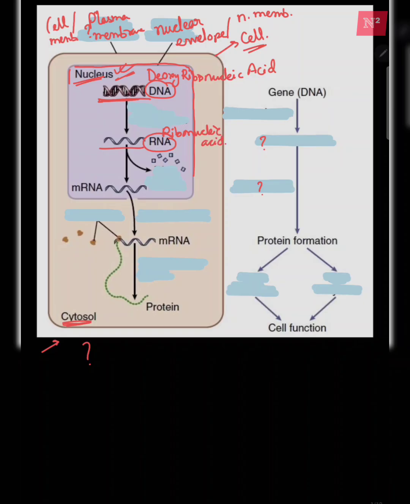The step which helps in forming RNA from deoxyribonucleic acid is called DNA transcription. Whenever RNA is formed from a DNA, it is called transcription.